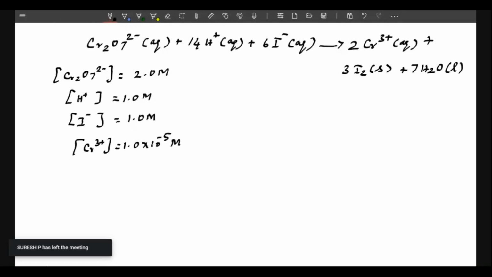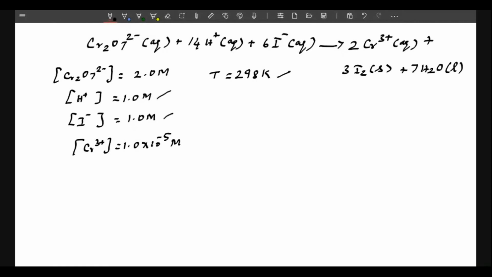And looking into this concentration, you can tell whether the condition is a standard condition or not. Temperature is 298 degree Kelvin. Okay, temperature is the standard condition. The electrolyte concentration H plus and I minus is a standard condition. But the dichromate and the chromium 3 plus concentration is not standard condition. Therefore, this is a cell under non-standard condition.